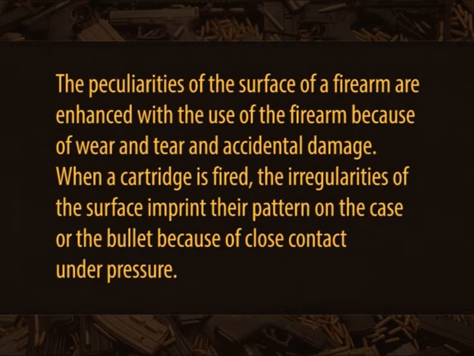When a cartridge is fired, the irregularities of the surface imprint their pattern on the case or the bullet because of close contact under pressure. These patterns are also called the thumbprint of the firearm and permit its individualization.